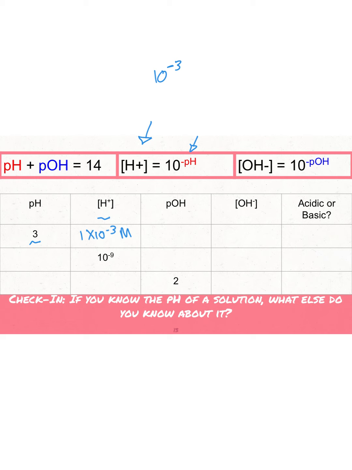Okay, what would the hydroxide concentration be then? Well, if I have 1 times 10 to the negative third, my unknown is the OH concentration, and that times the H plus is going to be equal to 1 times 10 to the negative 14. Then I'm just going to divide to cancel this from this side.